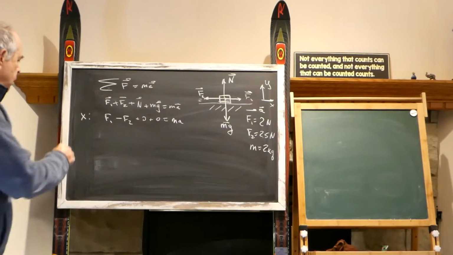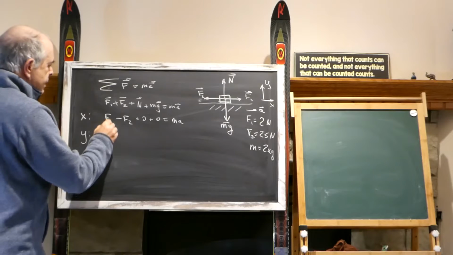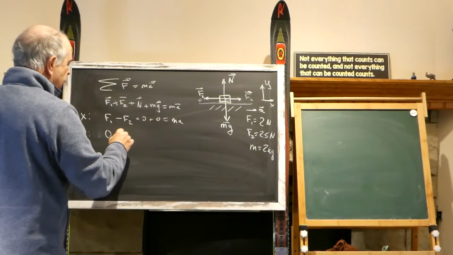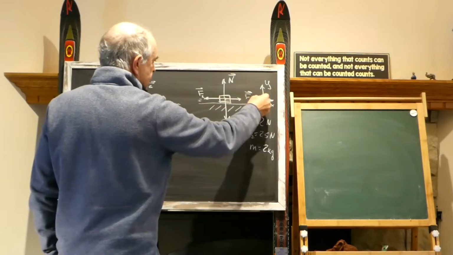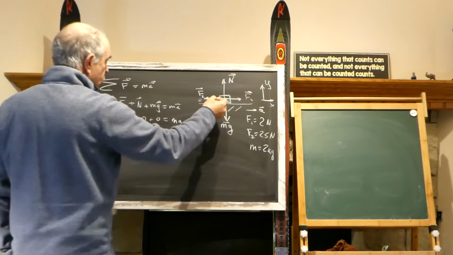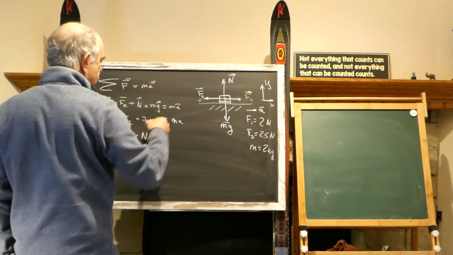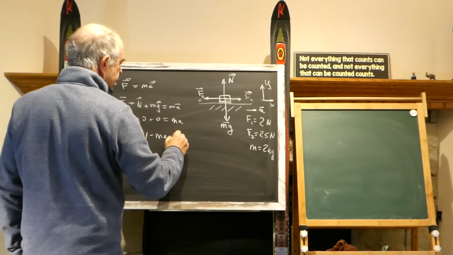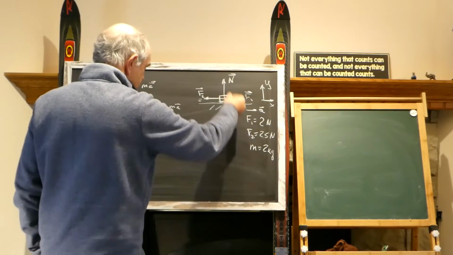That's it. Y-axis. F1 is 0, no projection on y. F2 is 0 because F2 has 0 projection on this vertical axis. Plus N goes vertical and it's the same direction, so it's positive. Minus mg equals 0 because there is no acceleration this way.